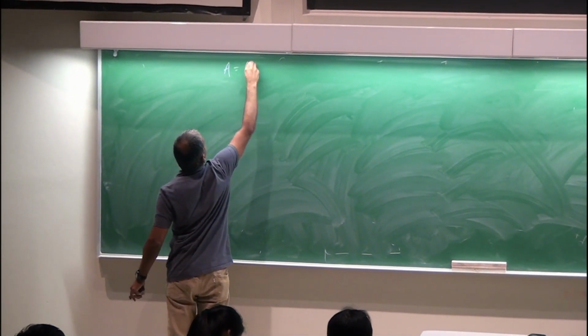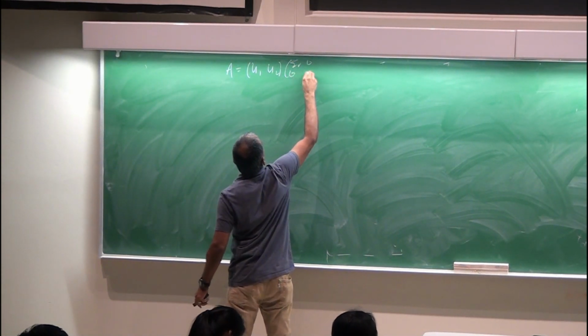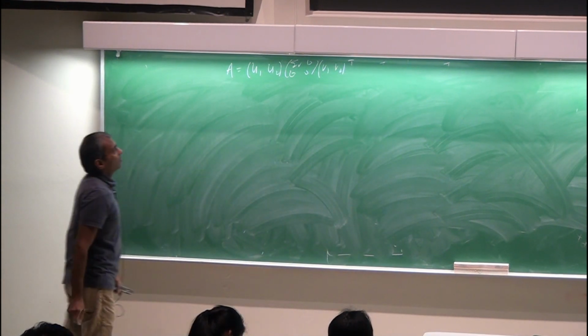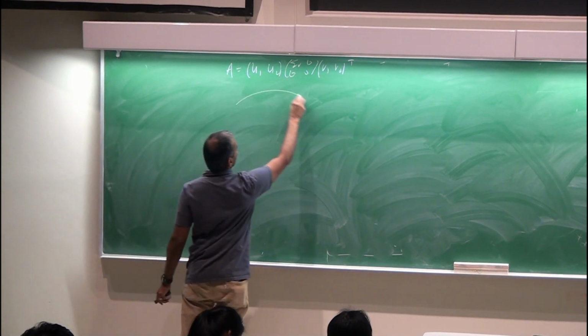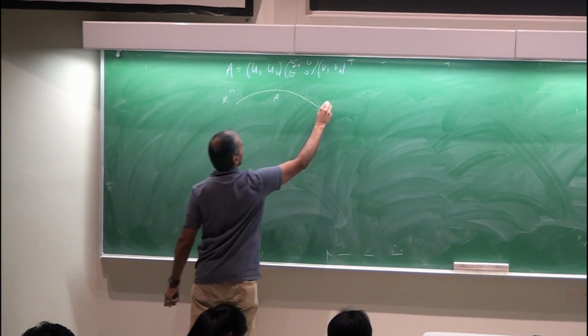SVD, right? So we have U1, U2, sigma R 0, 0, 0, V1, V2 transpose. Okay, so A is a map from, say, Rn to Rm. We go this way, Rn, we end up with Rm.